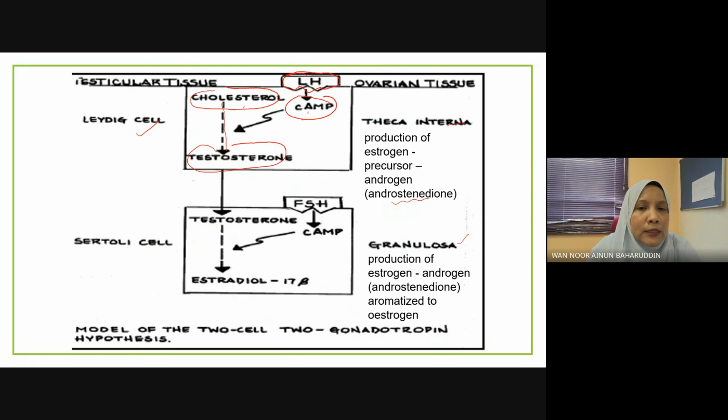Released by the Sertoli cells if it is FSH. From the testosterone inside there, once FSH is binding to the receptor, it will activate the production of cAMP. This cAMP will convert testosterone to estradiol.